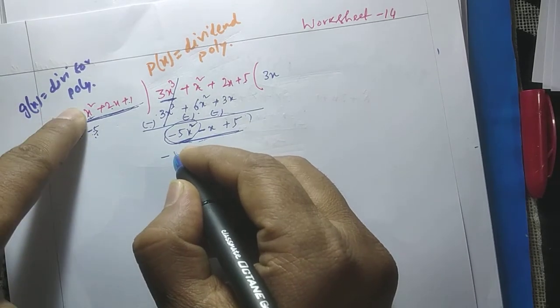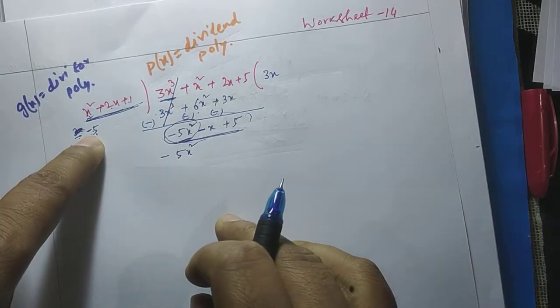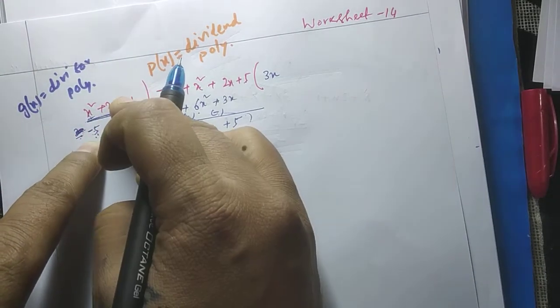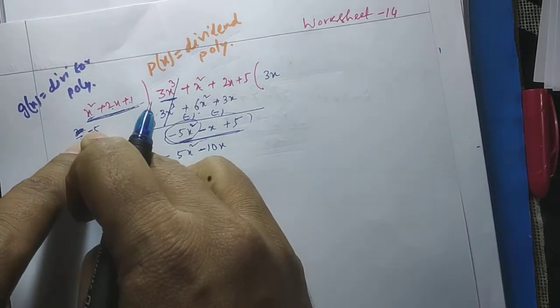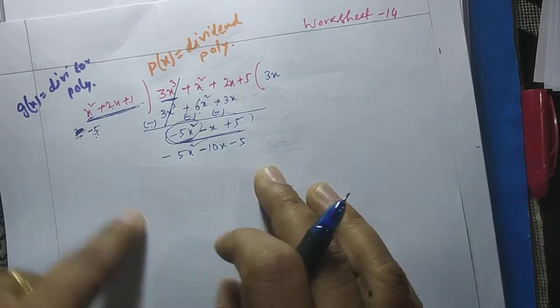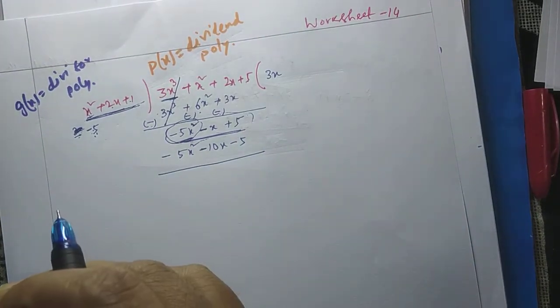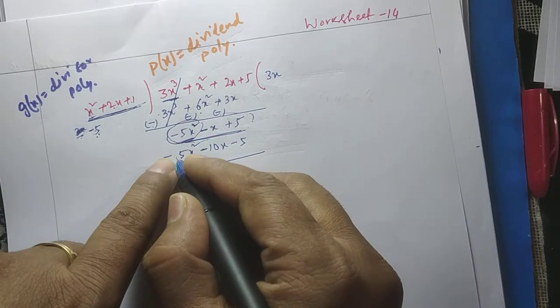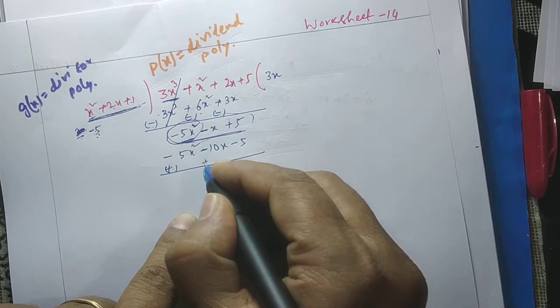So minus 5 into x square will be minus 5x square. Similarly, minus 5 into 2x will be minus 10x. Minus 5 into 1 will be minus 5. Correct? Now, doing minus as before, the minus symbol will become plus. The minus symbol will become plus.